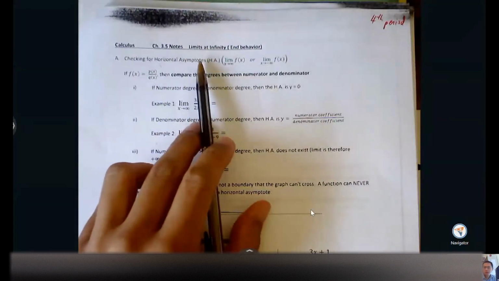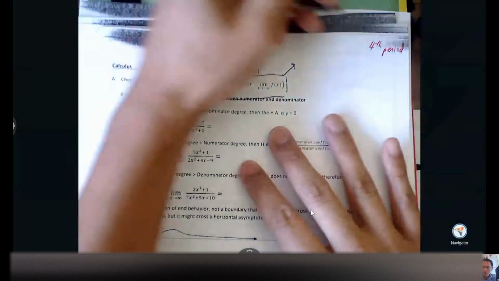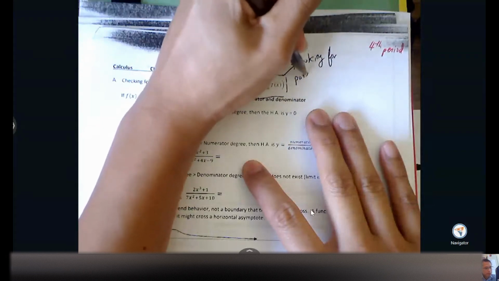Okay, 3.5 notes. This is limits at infinity. We're dealing with end behavior. So anytime we see this notation, we know that we're looking for potential horizontal asymptotes.